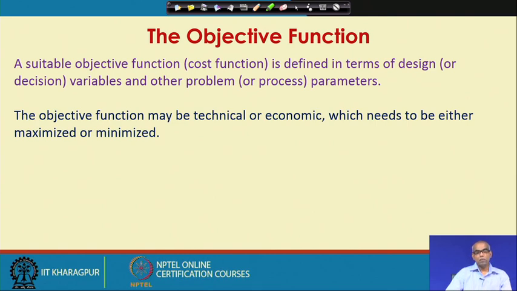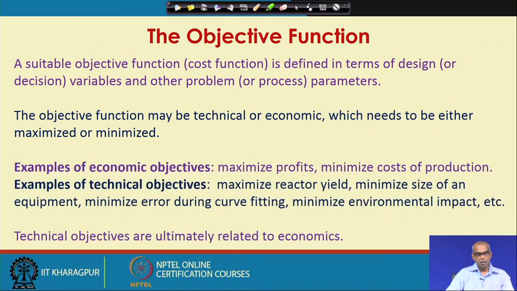The objective function may be technical or economic in nature, which needs to be either maximized or minimized. Examples of economic objectives: you want to maximize the profits for an operation, you want to minimize the cost of production.